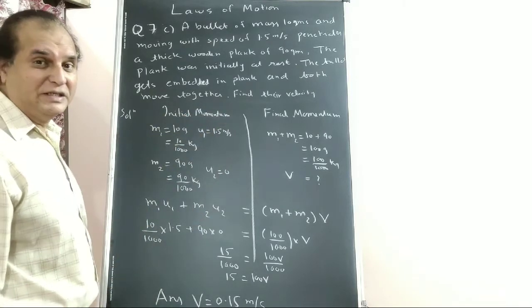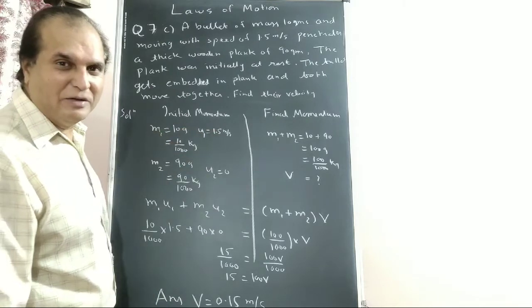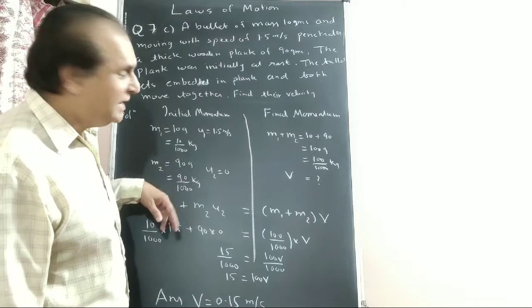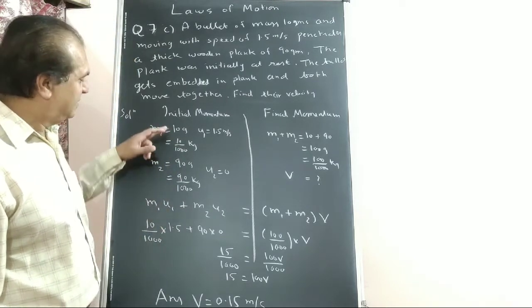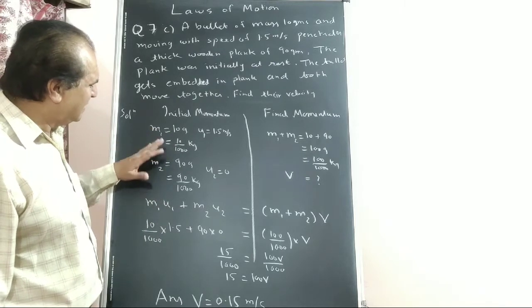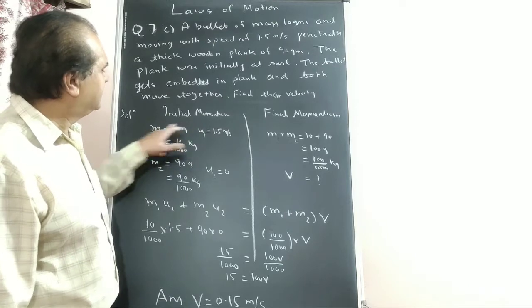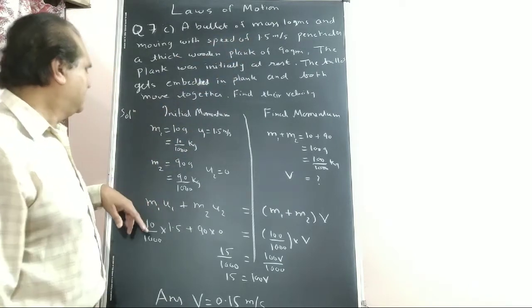Find their velocity. Collision: initial momentum equal to final momentum. First we write the data. M1 is 10 gram. Gram is not an SI unit, so 10 upon 1000 kg. U1 is 1.5 meter per second, of the bullet. M1 U1 is the mass and speed of the bullet.